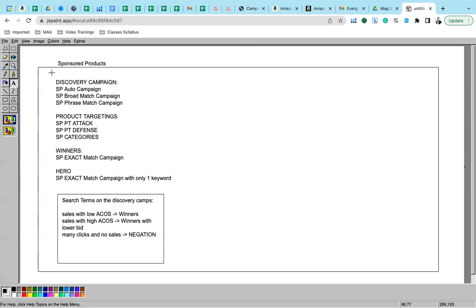We are constantly monitoring the discovery campaigns so we can move search terms to the winners campaign with higher bids, to the winners campaign with lower bids, or do a complete negation of the search term inside one of the discovery campaigns, so we can stop it from being triggered because it's generating too many clicks and no sales. That would be the basic structure of a well-managed PPC account.